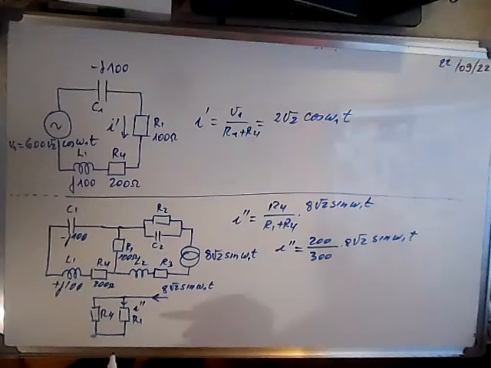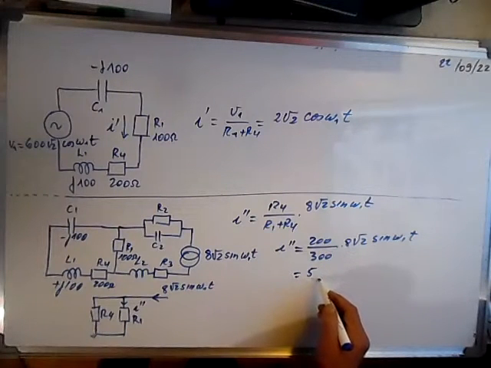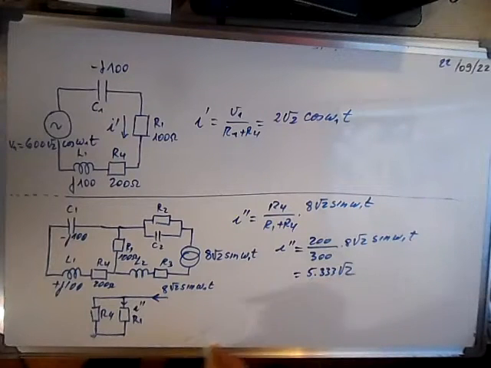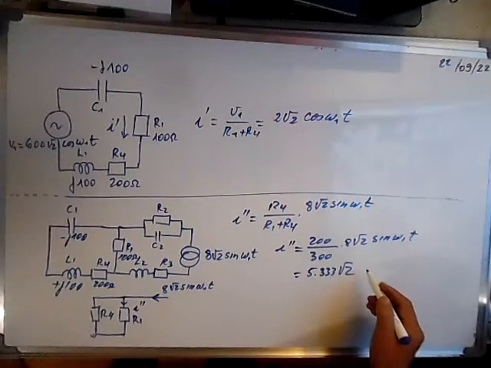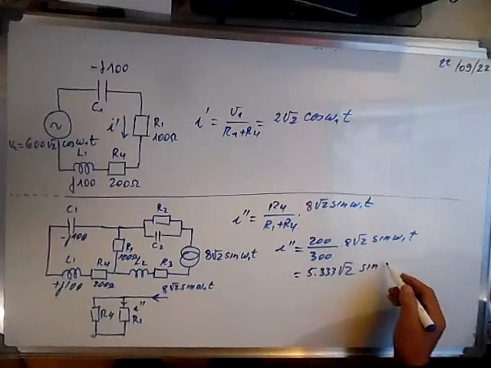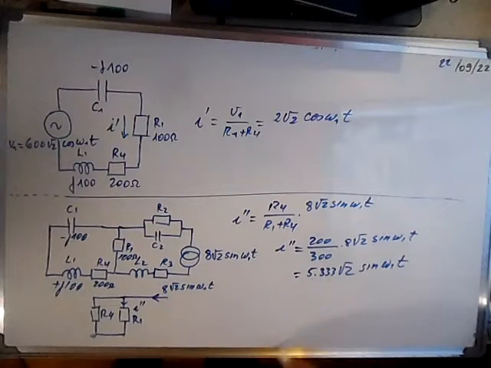And this is 5.333 square root of 2 sine, because the frequency is the same, omega 1 t.